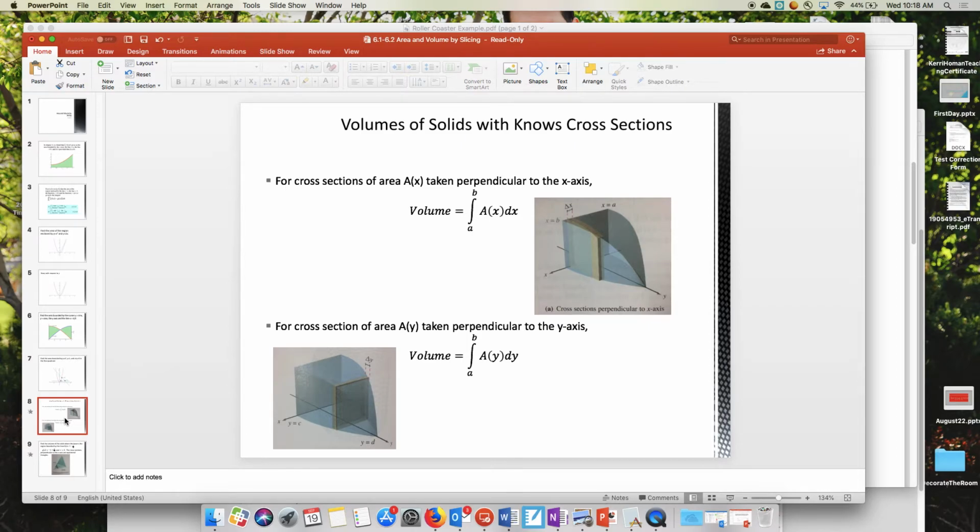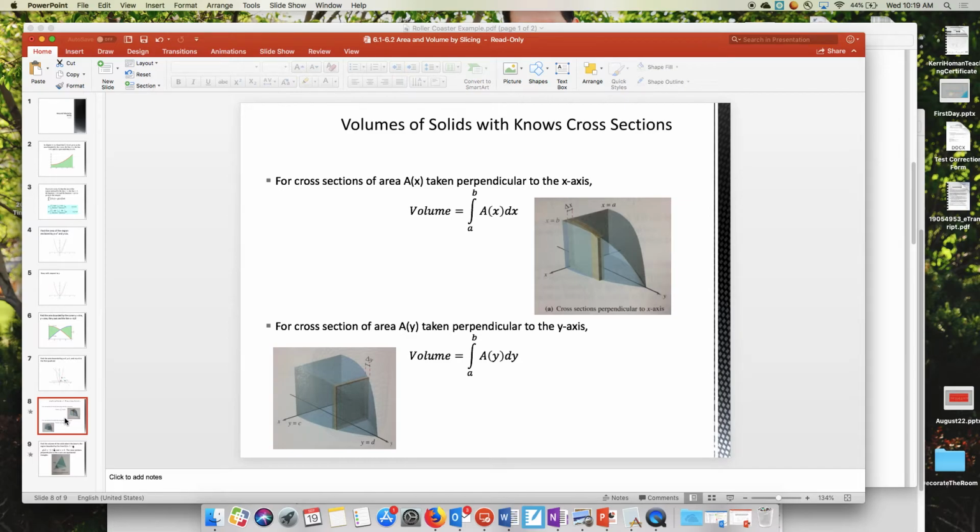Okay. Volumes of cross sections mean our region is like the base of our solid, and then it extends up to some shape. Okay? If we have cross sections perpendicular to the x-axis, we integrate with respect to x.